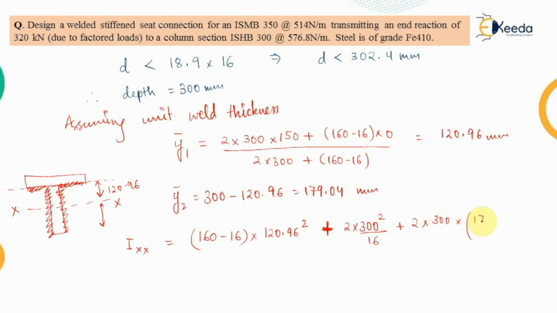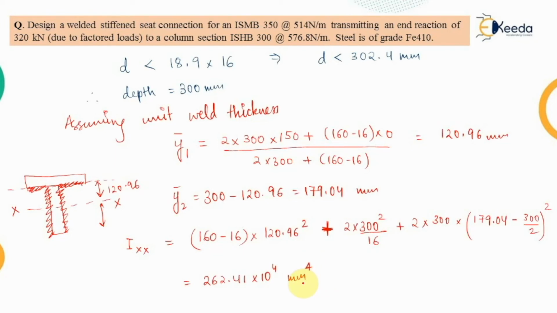So perpendicular distance for these vertical lines will be 179.04 minus this 300 by 2, that is the perpendicular distance of the actual position of the CG. So from here, this Ixx value, the moment of inertia of the weld group, comes out to be 262.41 into 10 raised to the power 4 millimeter to the power 4.